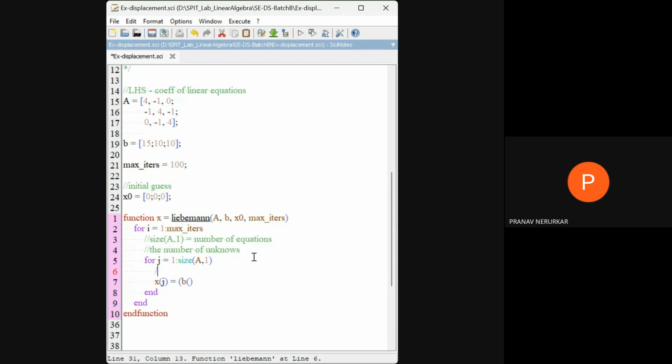So we will apply Seidel formula, which is B. Then we take the sum of A multiplied by X. Plus we add the diagonal elements to the corresponding j and we divide with the diagonal element.